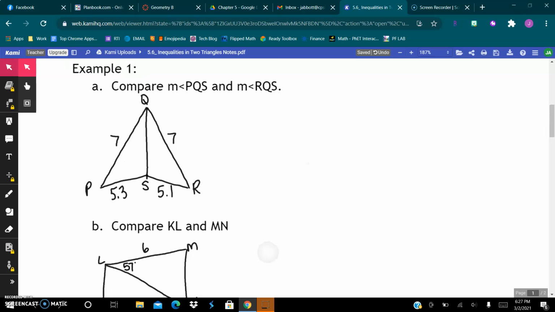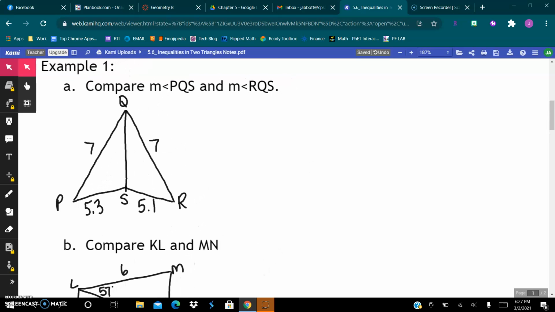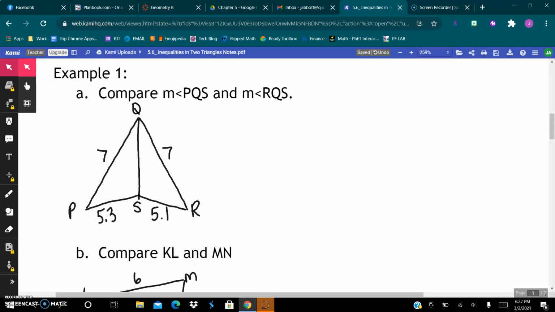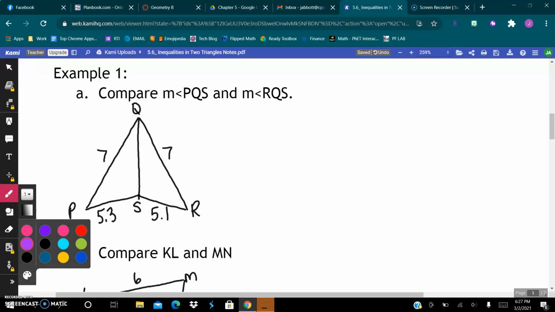So we are going to use that information here to compare the measure of angle PQS, which is right here, and RQS. The side opposite is going to tell us which one is larger.